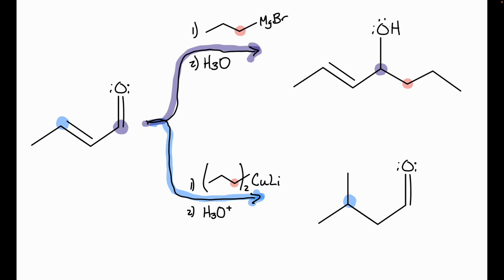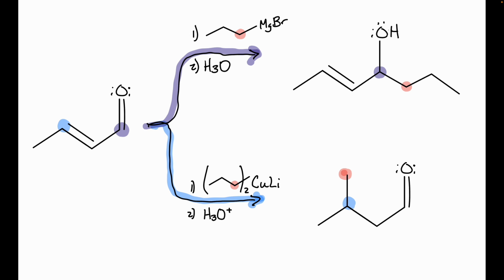So instead, now on the other side of my carbon-carbon double bond is again that nucleophilic carbon, but it's attached to the beta carbon. And I need a 3 carbon chain here.